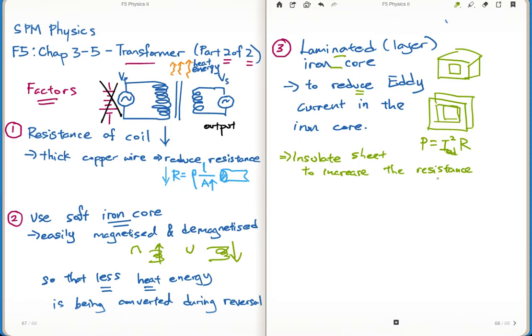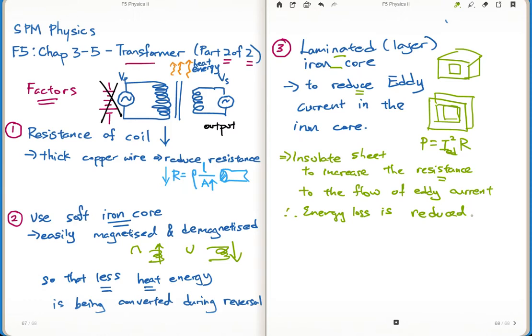We have very high resistance to the flow of eddy current. Therefore, energy loss is reduced.